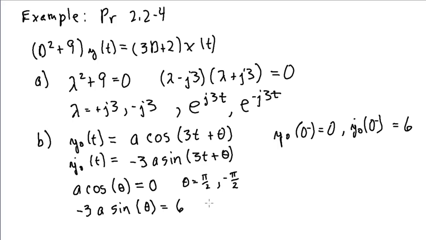At theta equal to pi over 2, sine of theta is 1, and then A would be minus 2. At the other case, theta equal minus pi over 2, sine of theta is actually minus 1, and then in that case, A would be equal to 2.